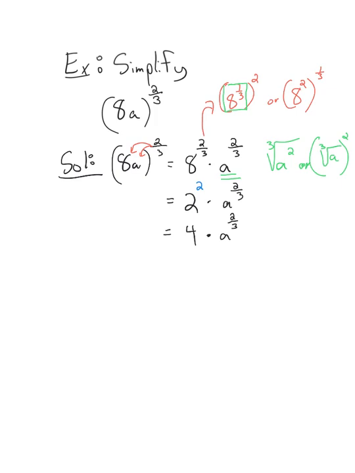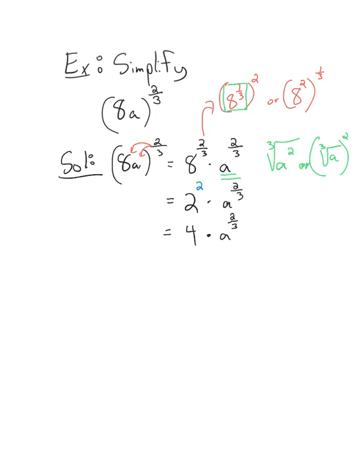And we ask, well, does this actually exist? Well, what if a is negative? Can we still take a cube root? And yes, we can. Remember, with odd roots, we can take an odd root of any number we like. So a can be anything at all, and there will be an answer.